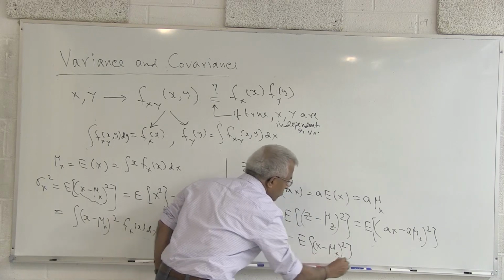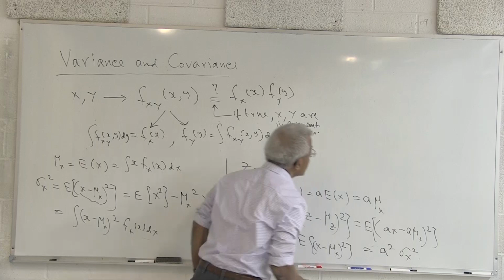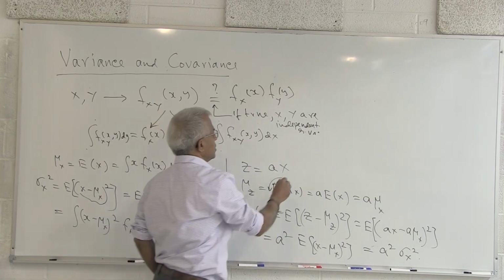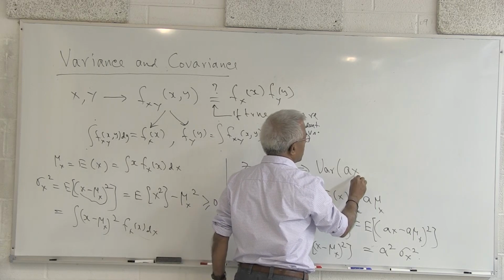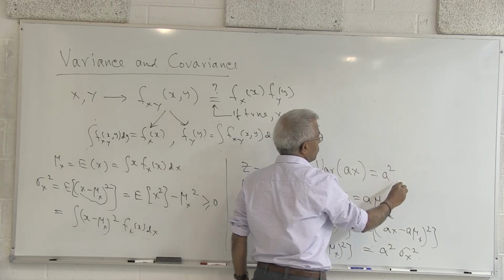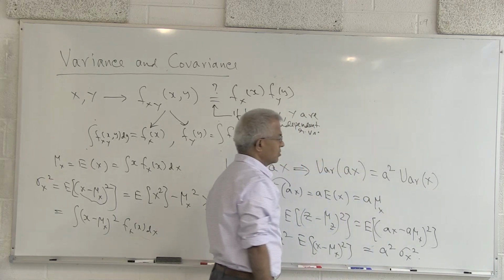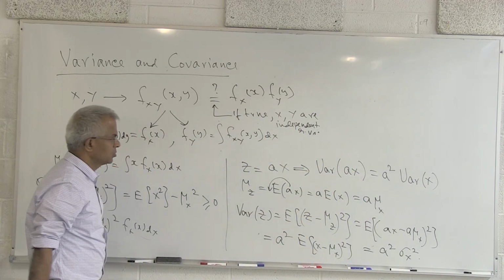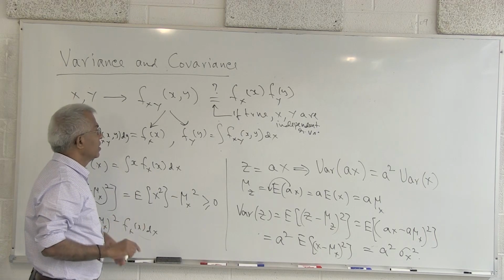But this is the variance of x. So you have a squared sigma x squared. So the interesting thing is variance of ax: if you scale a random variable by a constant, the variance becomes a squared multiplied by the variance of x, not a multiplied by variance, a squared. All right, so this is for one random variable.